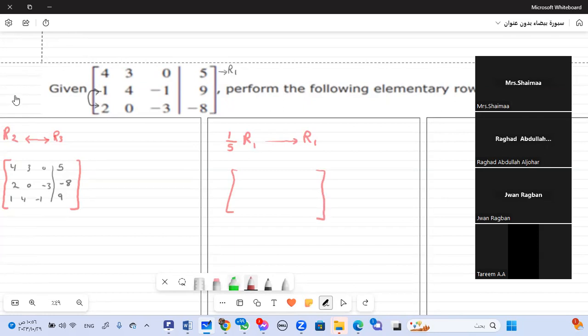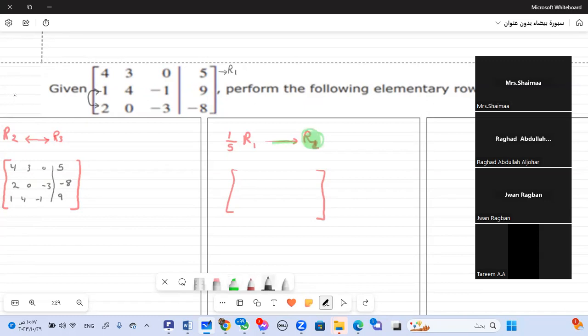Yes, we're going to divide R1 by 5. And the change is inside R1 or R2 or R3? R1. Okay, so maybe write on the exam that the change is in R2. The row after the arrow is the one that will be changed.